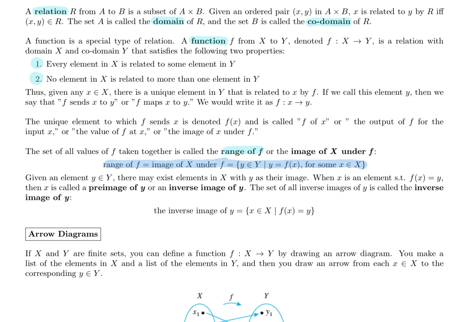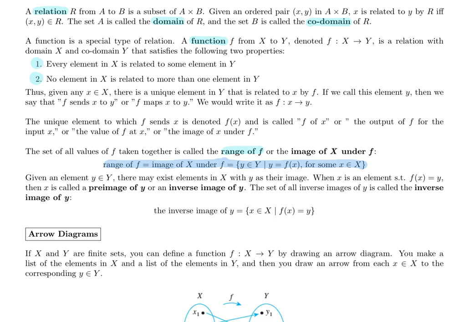If not all elements of our codomain are being mapped to, the codomain and the range are different sets. We will have a visual representation of this that will make it a lot easier to understand.